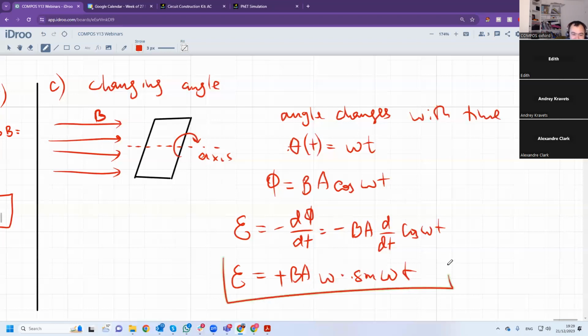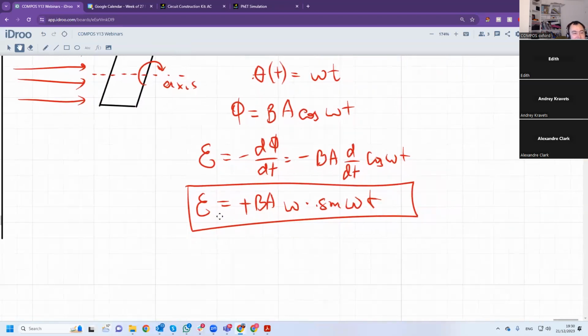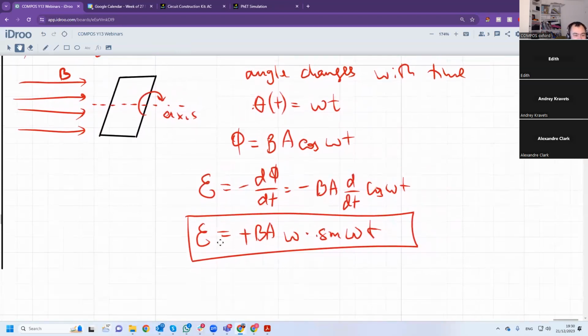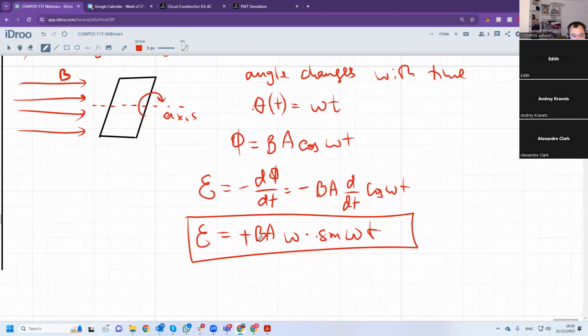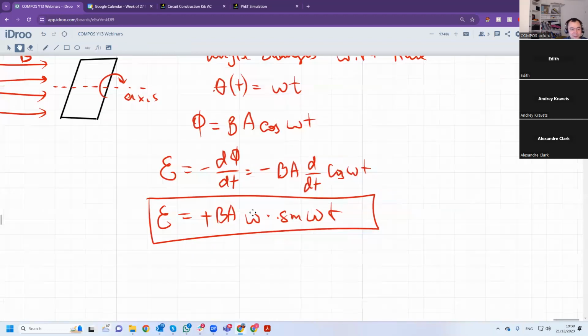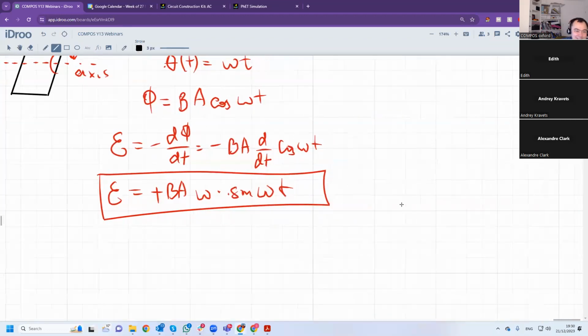Ooh, interesting. EMF now depends on three things: on B, on A, and on the speed of rotation. Would you look at that? The EMF increases if the angular frequency increases.